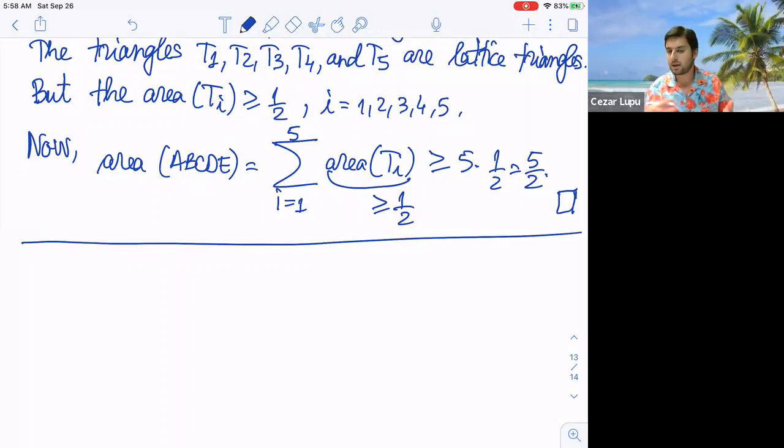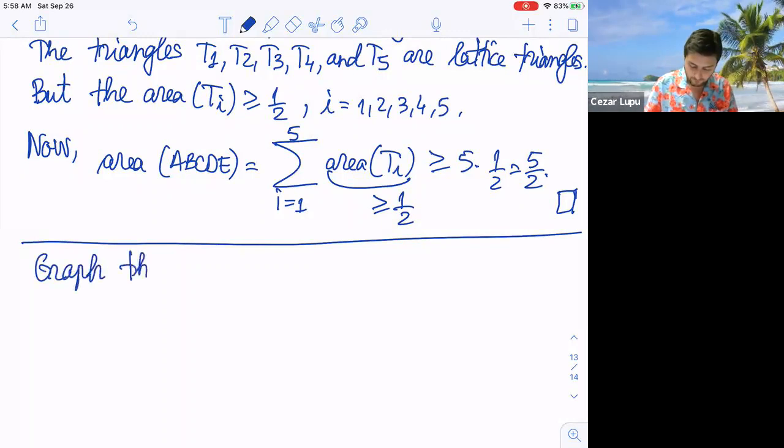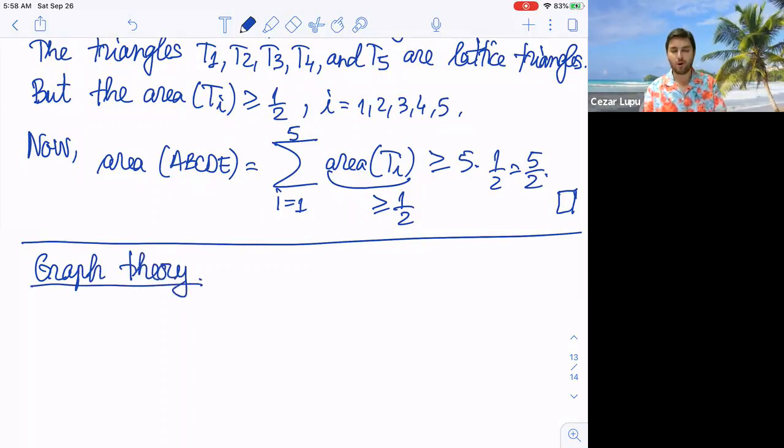I was debating what topic to choose, but at this point I think I will choose doing something about graph theory. Anyway, like I said, this is a whole course in combinatorics. I'm not going to cover everything.